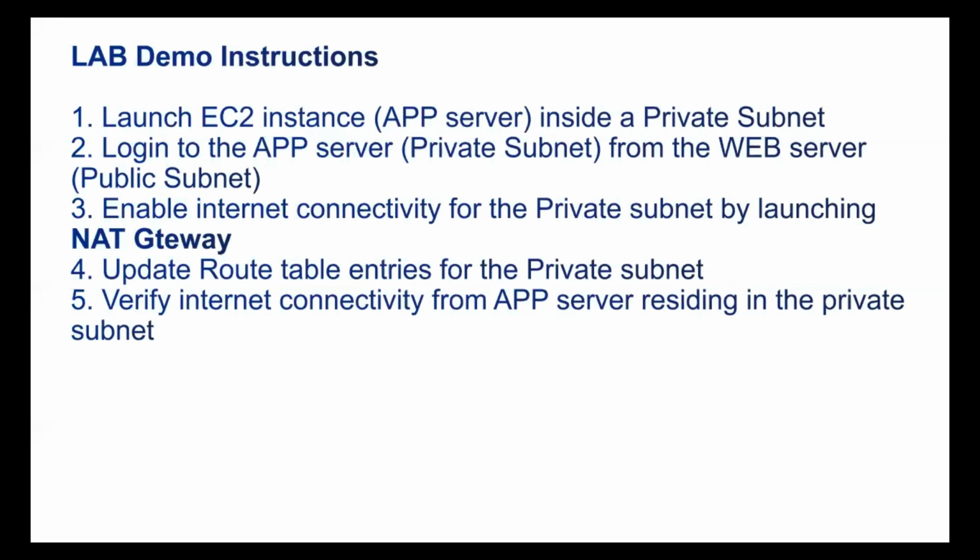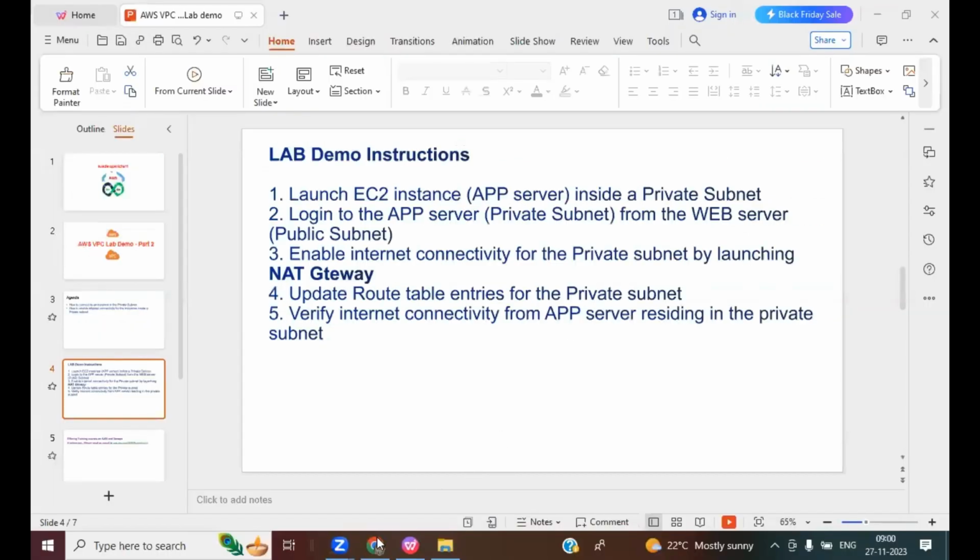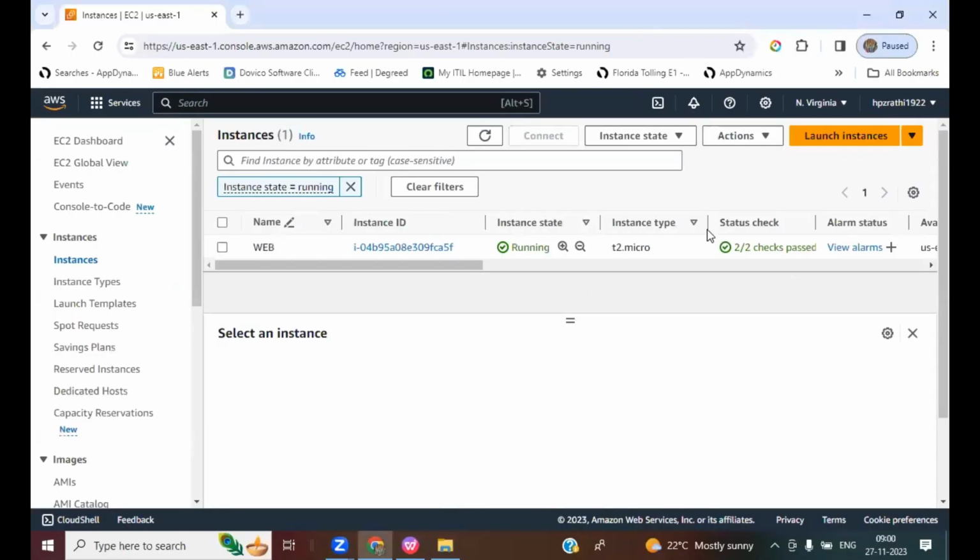So the first step, we will go ahead and launch an EC2 instance inside a private subnet. Let me go to my AWS console. You can see that we already have a web server running here, and I will click launch instances.